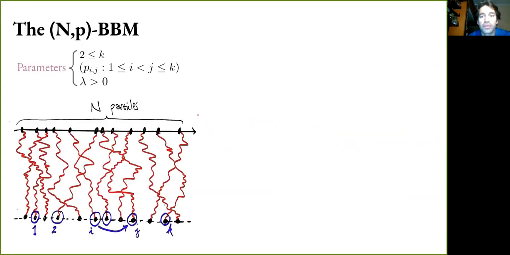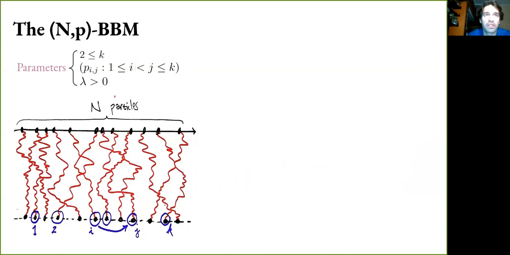We now introduce a related family of models that we call the Np-Bbm. The parameters are an integer k greater than 2, a parameter lambda that is a positive number, and probabilities on the set of pairs of integers i and j with i smaller than j and both smaller than k.